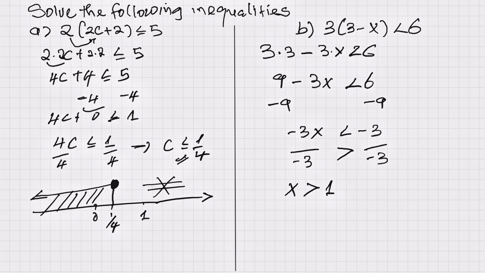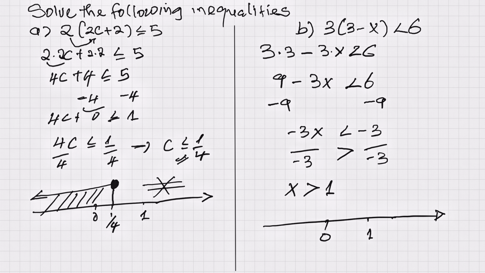If we want to represent this on a number line, we have 0 here, and we have 1 over here. You see now that 1 is not included in this data set because all the values that satisfy this inequality are greater than 1.